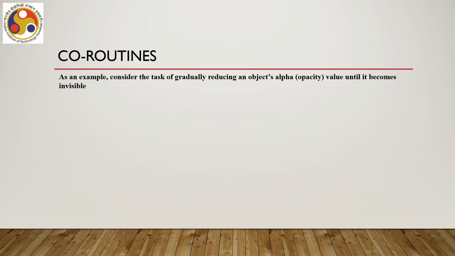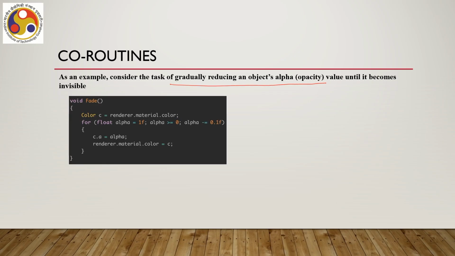For example, consider the task of gradually reducing an object's opacity value until it becomes invisible. So, here what can be done is, in the script we can have a function like this, Fade, where the color is the original color, then for a certain condition, an entry controlled condition, we are gradually reducing the alpha or opacity value so that it eventually fades.